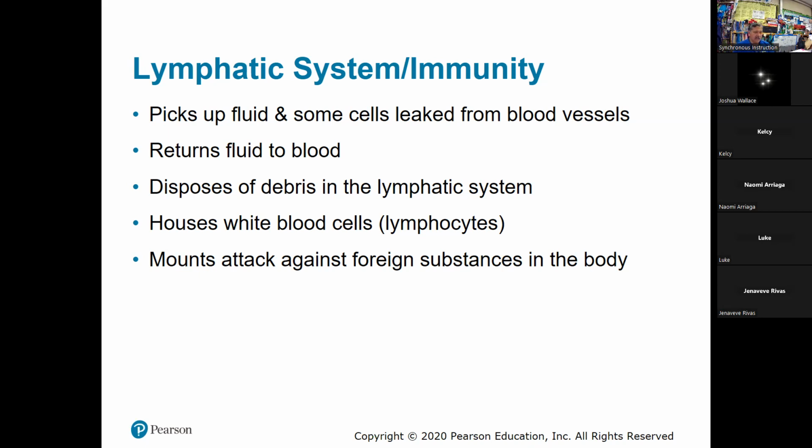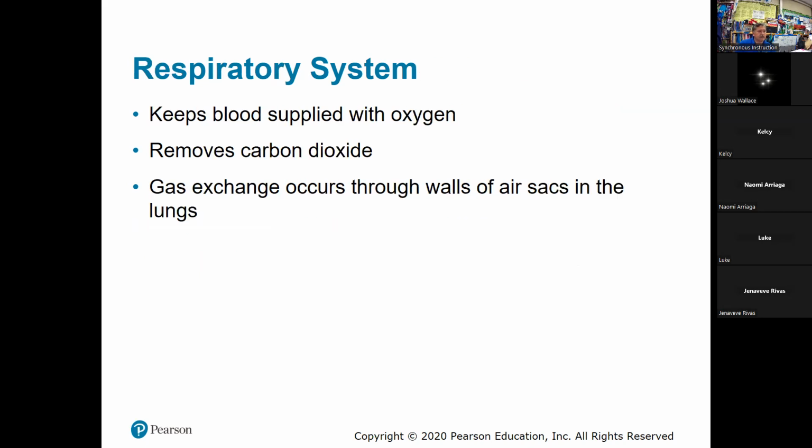So someone might get lymphatic cancer. Lymphatic cancer is one of the tougher cancers to cure because oftentimes it's a secondary cancer. It's one that started somewhere else, and then the cells broke off and then got stuck in the nodes in the lymphatic system.